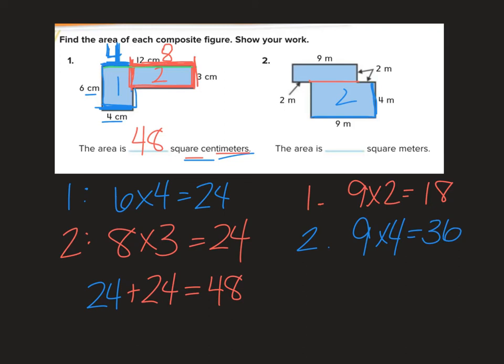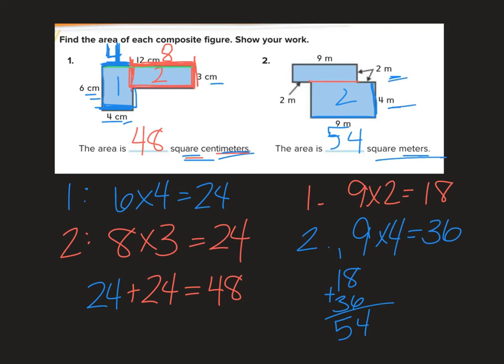Okay, so now I just have to add 18 plus 36. 6 and 8 makes 14. 3, 4, 5. 54 square meters, because these are all meters. Square centimeters when they're centimeters, square meters when they're meters.